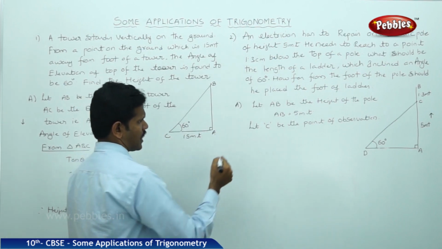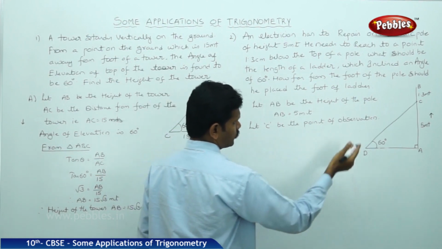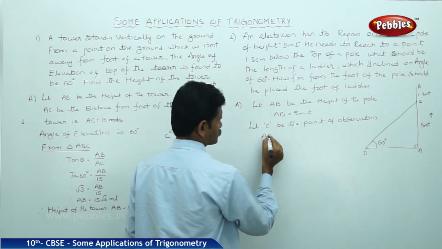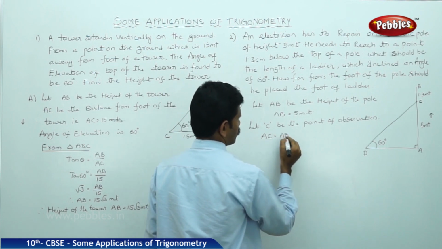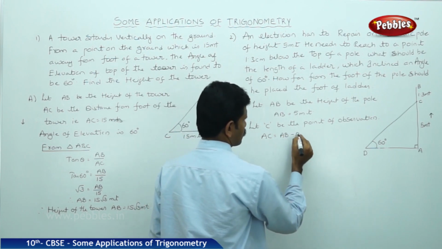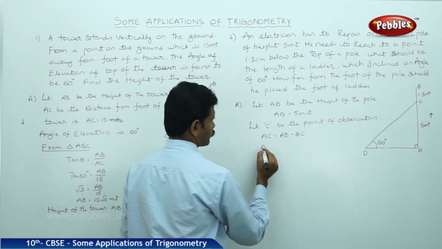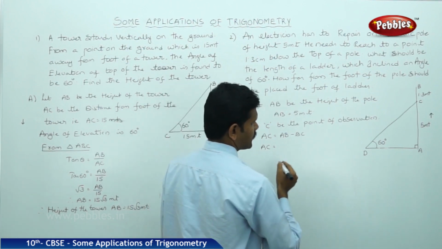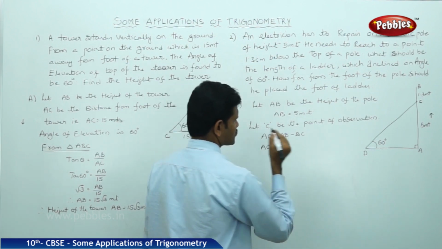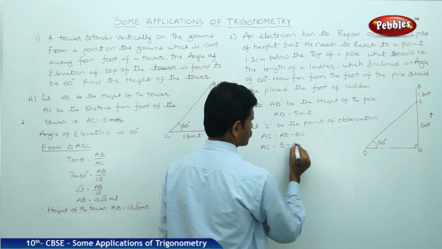Now we have to find the value of AC. AC is equal to AB minus BC. That is, AC is equal to the value of AB, 5 meters, minus BC, 1.3 meters.